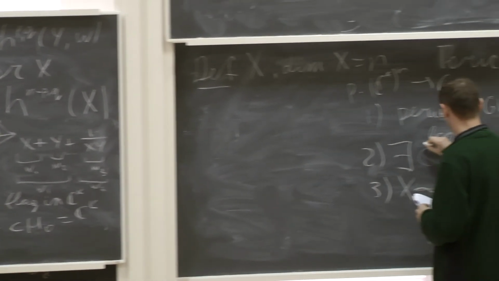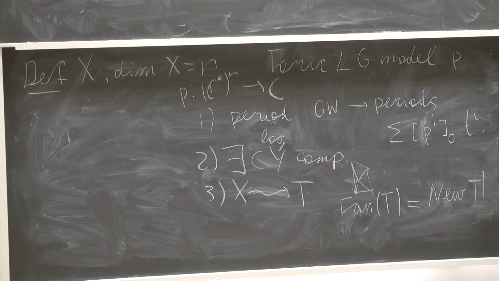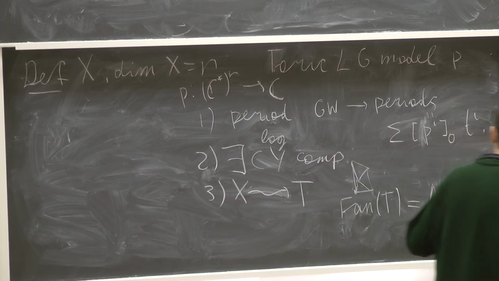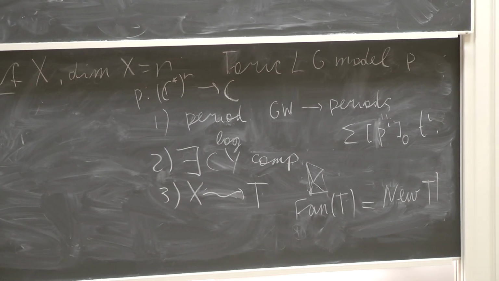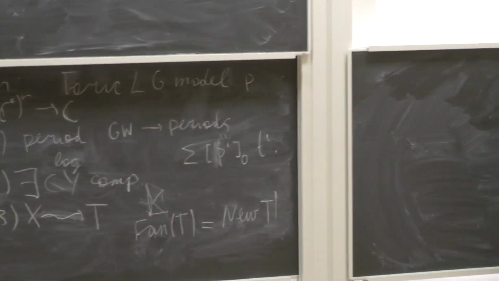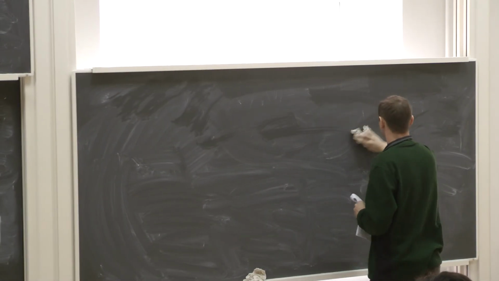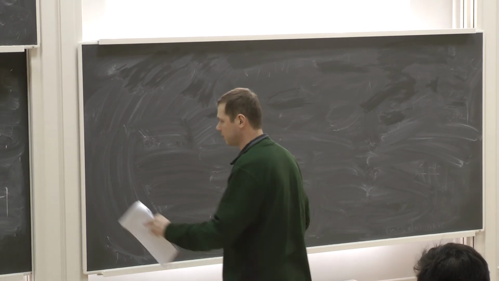Maybe I'll even require the existence of a log Calabi-Yau compactification. This log Calabi-Yau compactification is very similar to the notion of tame compactified Landau-Ginzburg model, which we discussed. It's a fiber-wise compactification of this family.